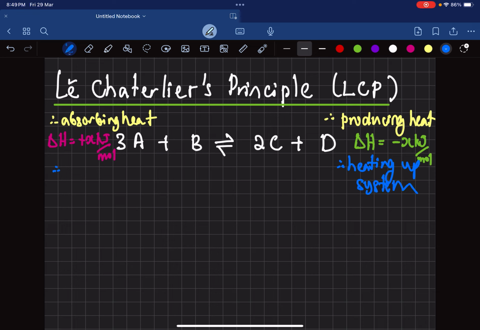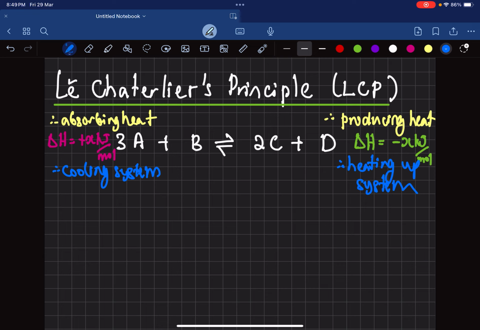This is cooling down the system. That means it's taking heat away, so you feel cool. If something is absorbing heat from the room, you will start feeling cooler. That's basically what it is.